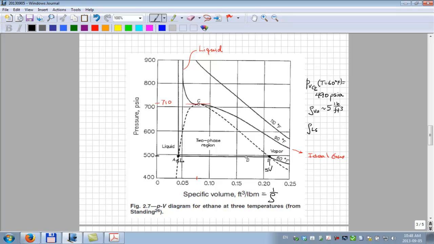And the saturated density of liquid is about 0.04. Flip it upside down, and that's 25 pounds per cubic feet. So that ratio I was talking about, at this particular point on the vapor pressure curve at 60 Fahrenheit and 490 psi, is about 5.